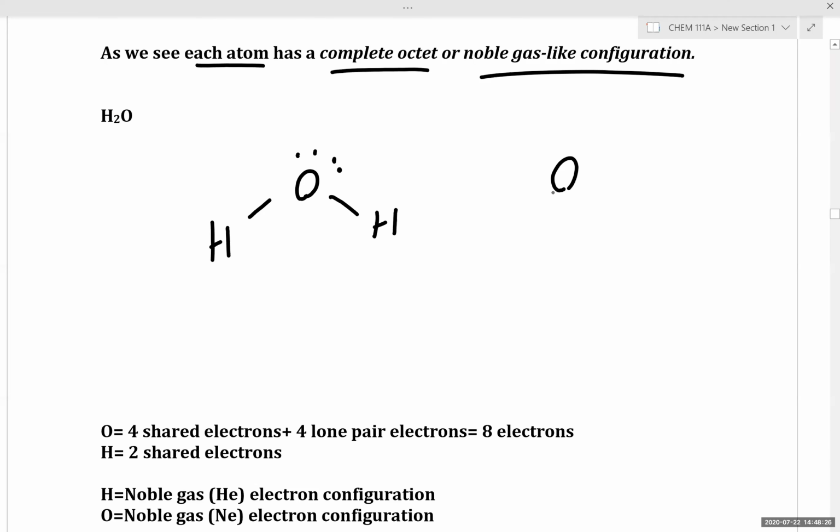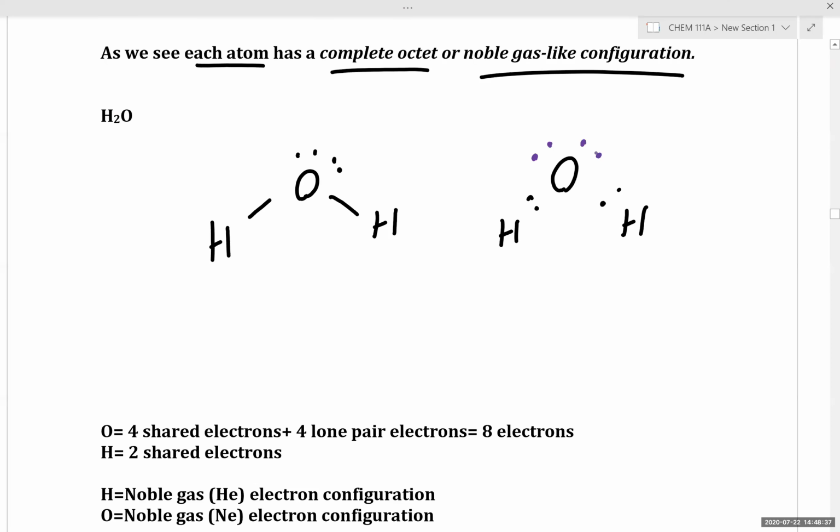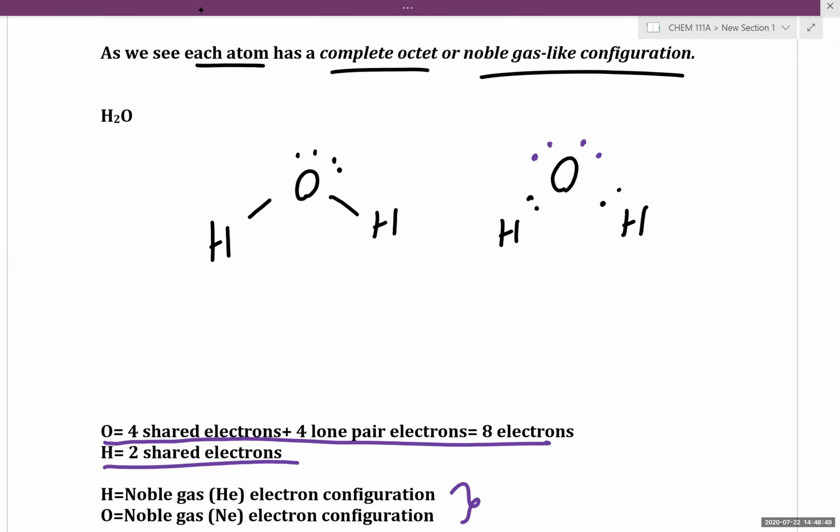I'll draw both portrayals of water just so we have a reference point to touch back on later. As we see, oxygen has 8 electrons total, hydrogen has 2 electrons total. Both of our atoms have a noble gas-like configuration, and our octet rule is fulfilled.